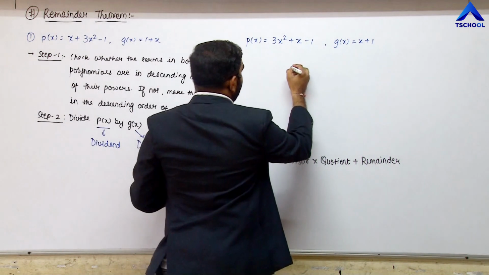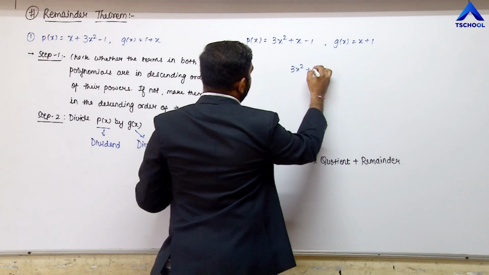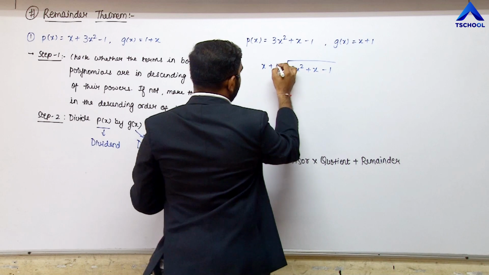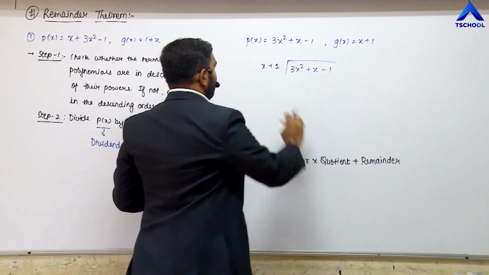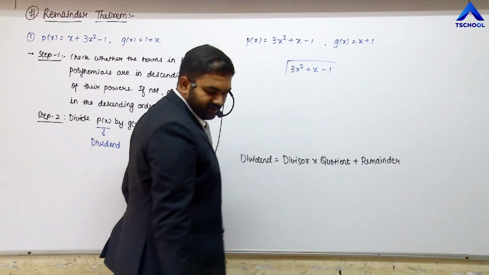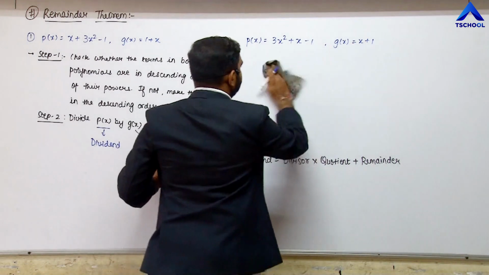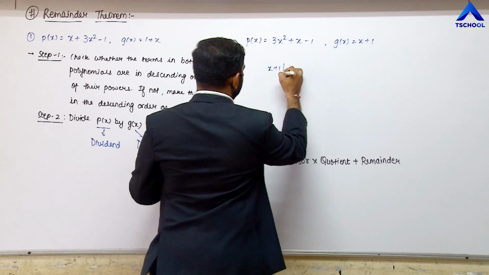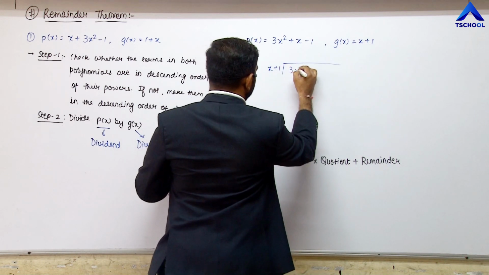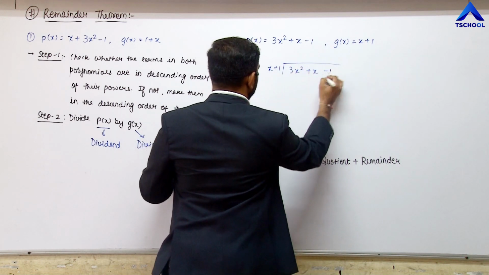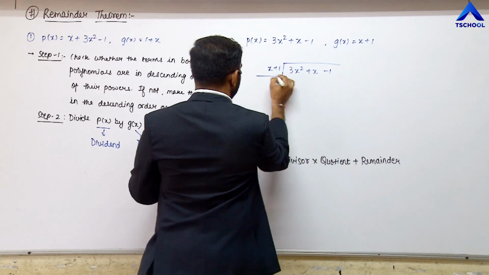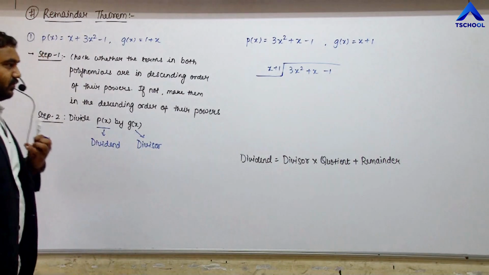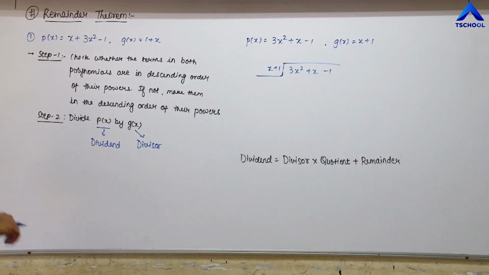So if I write down here, that is 3x square plus x minus 1 to be divided by x plus 1, right? Let me write it down again: 3x square plus x minus 1 to be divided by x plus 1.